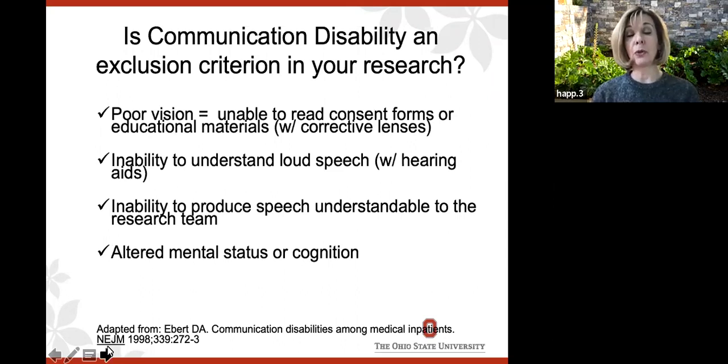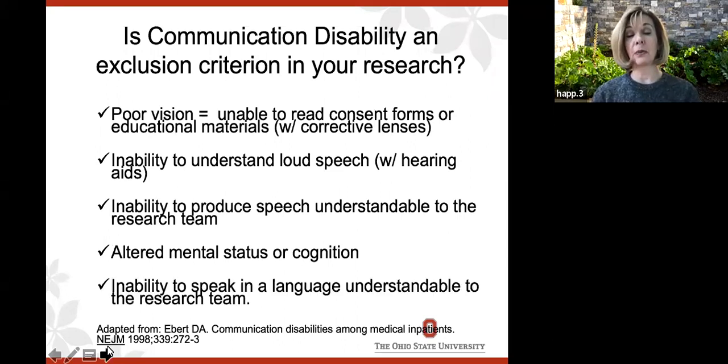Dr. Rose will talk about altered mental status or cognition, and we want to consider as well the inability to speak in a language that's understandable to the research team. So all of these are aspects of communication disability or impairment.